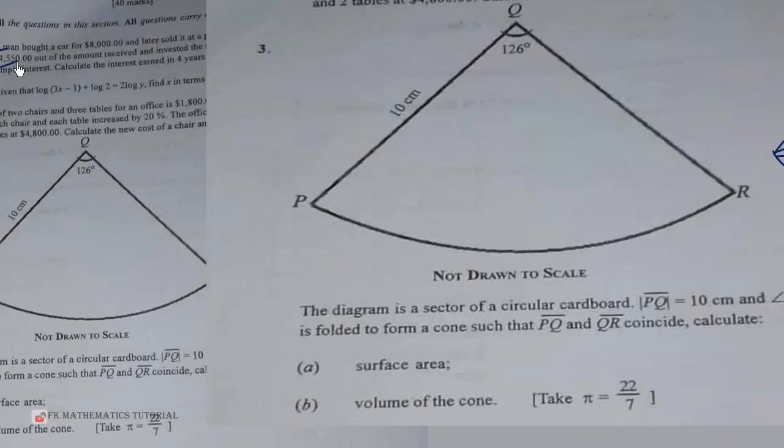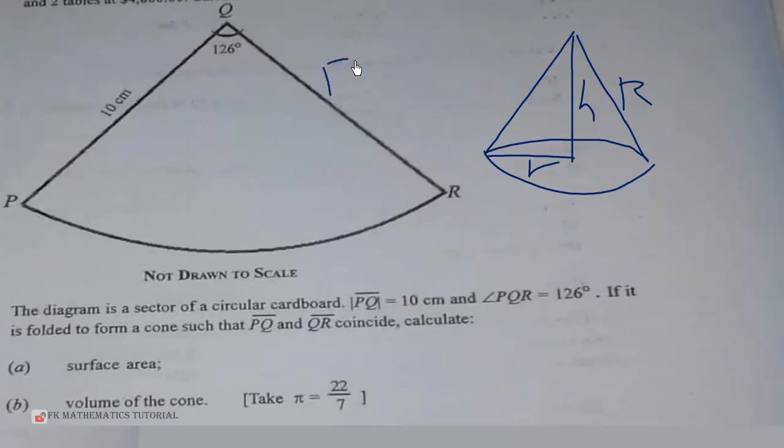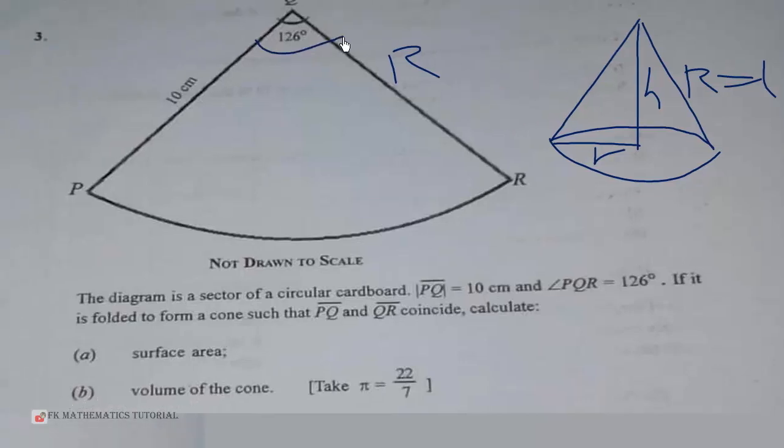That base radius is given by theta over 360 times r. R here is this, which is equal to L, the slant height of the cone. So the R is 10, and we have the theta to be the angle here, which is 126.